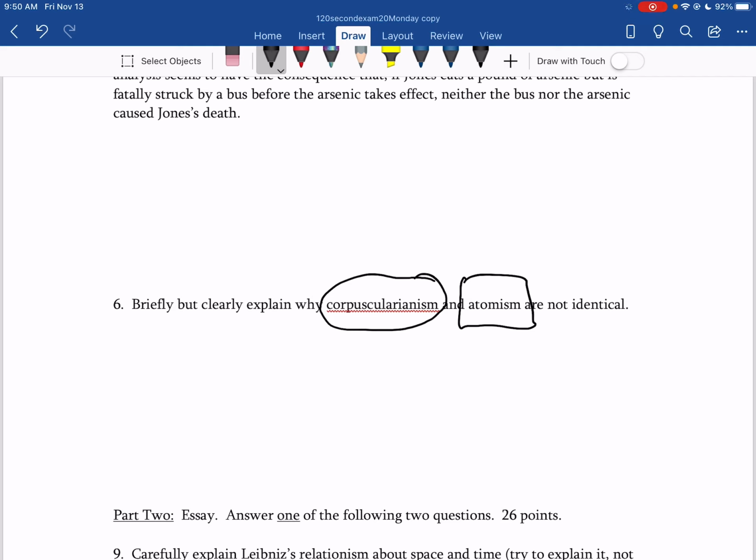Atomism is that particular flavor of corpuscularianism, which adds to generic corpuscularianism the claim that there are indivisible units of matter floating around in a void. Ideally, you would have brought out both of those elements of corpuscularianism, both of which are denied by Descartes. Descartes thought matter was infinitely divisible, and he denied the existence of a void, so he is a corpuscularian, but not an atomist.